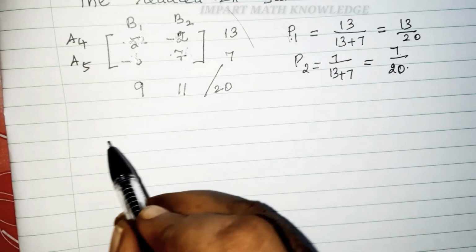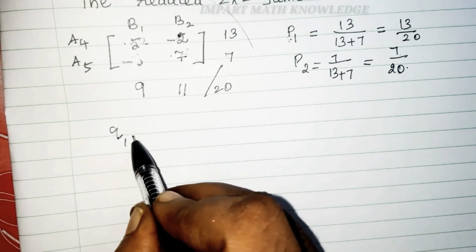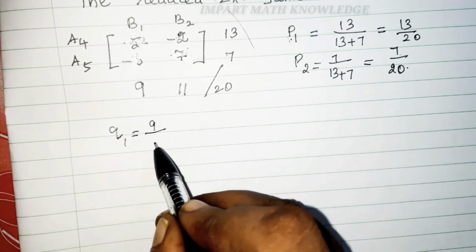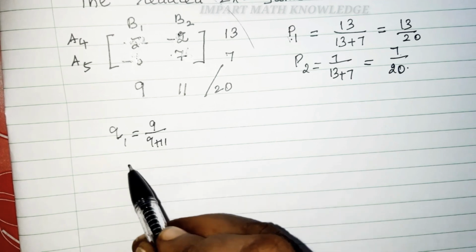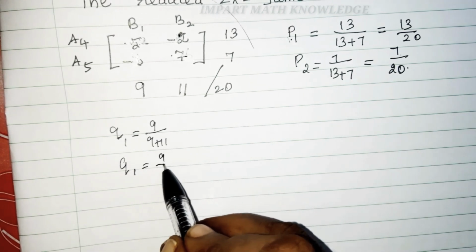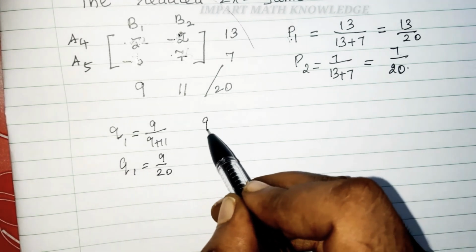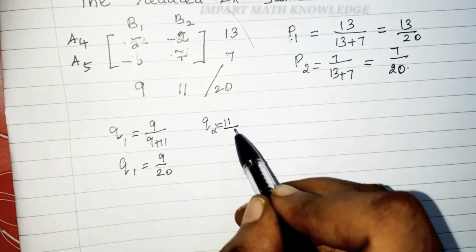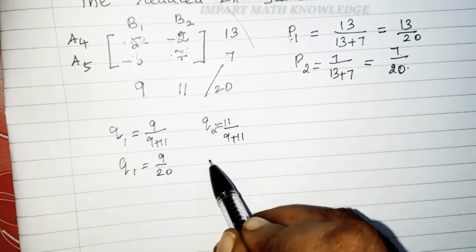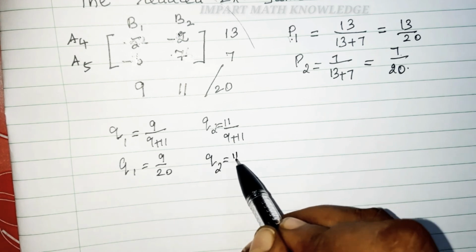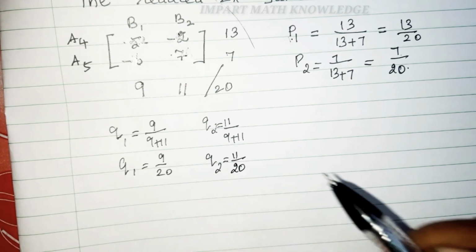Now similarly we can find Q1. Q1 is equal to 9 divided by 9 plus 11, that is 9 by 20. Q2 is equal to 11 divided by 9 plus 11, that is 11 by 20.